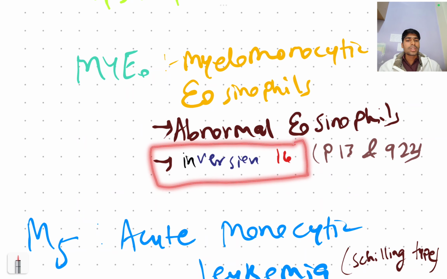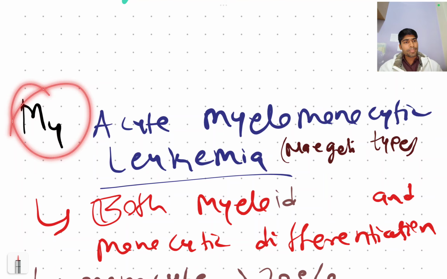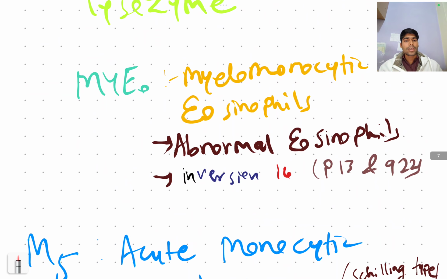It is associated with inversion 16. This is also one of the favorite questions of PGs. So in M4 we see inversion 16, that is, inversion of chromosome number 16.